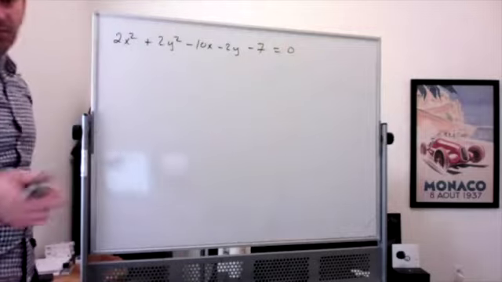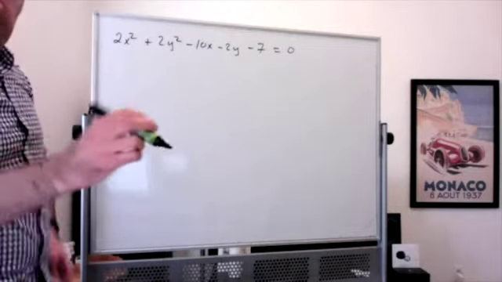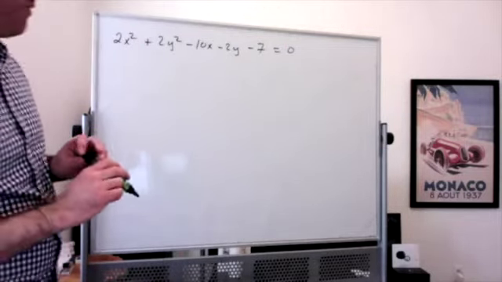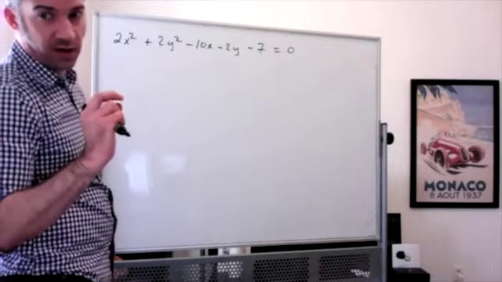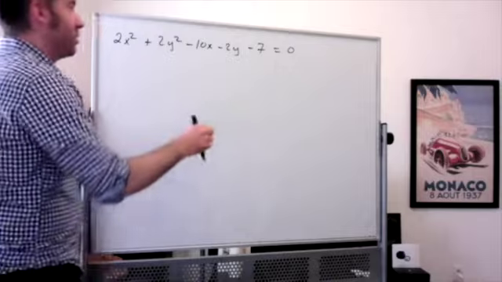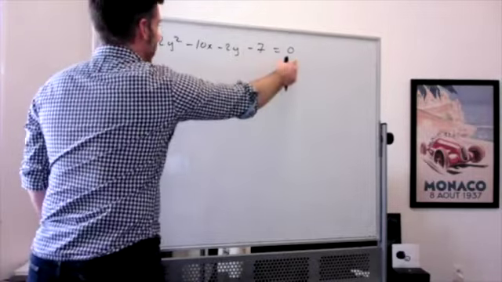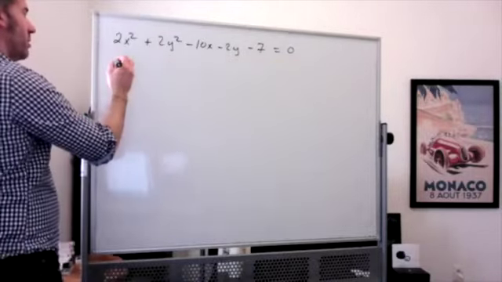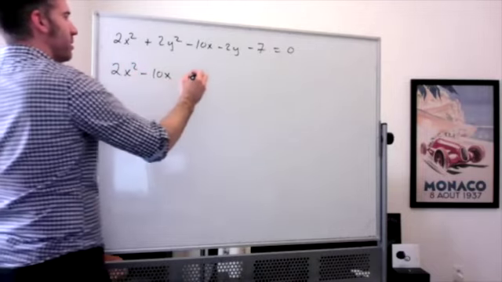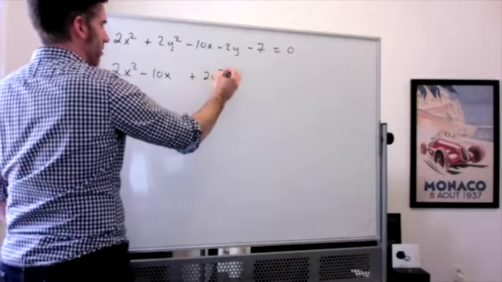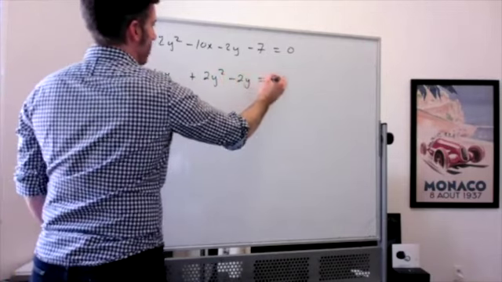It is -5 in the notes. You can look at the notes if you want to see that one too. This one's going to be slightly different. So there's an extra thing we have to do here. First I want to bring this over to that side and group the x's and y's together. So I'm going to have 2x squared minus 10x plus 2y squared minus 2y equal to 7.